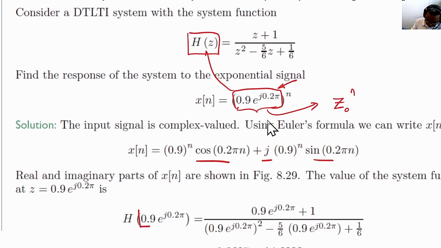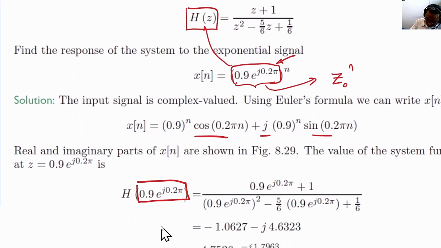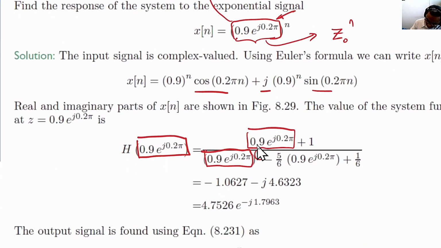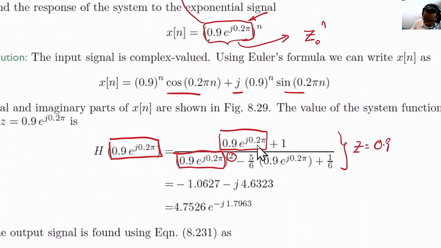So we substitute here at the bottom, and basically this is the z. If you look at the equation on top, z squared, so this is z again to the power of two, and so on. So we are working with this transfer function with z equal to 0.9 e to the j 0.2 pi, and we get a complex number out.